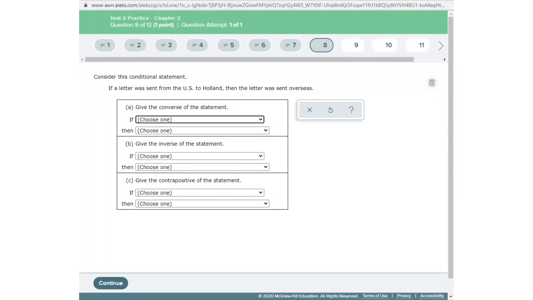So that's a conditional statement. So the converse would be, if we turn them around, if the letter was sent overseas, then it was sent from USA to Holland. All right, makes sense?